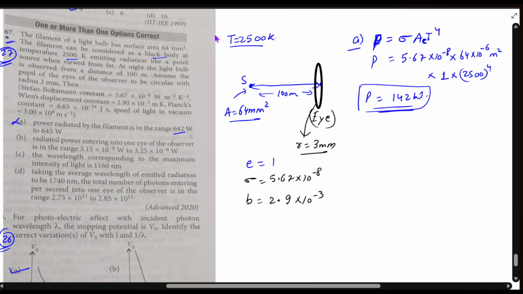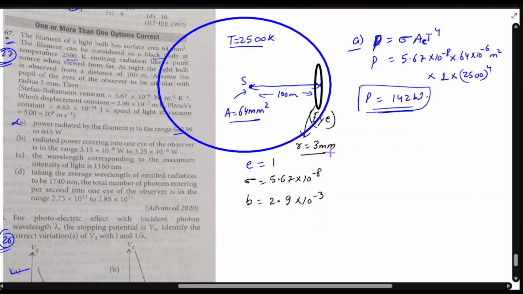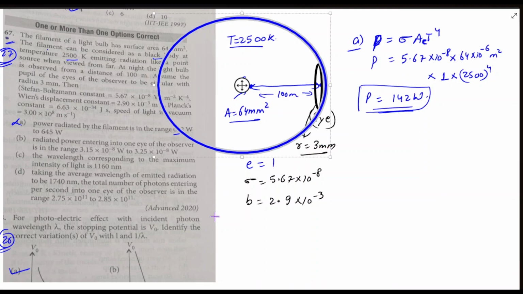So we have to make a sphere like this. So this is a sphere. This source is illuminating this surface area.